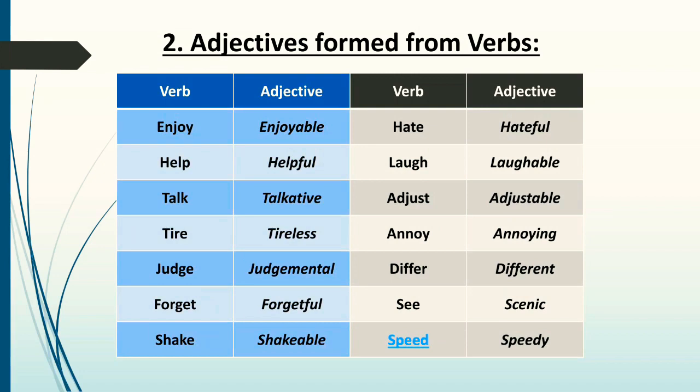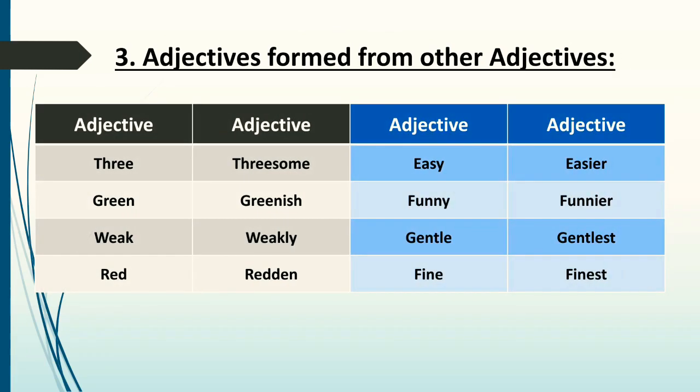Adjectives formed from verbs. Here you can see a list of verbs which are made adjectives by simply adding some suffix to these words. And finally, adjectives formed from other adjectives.